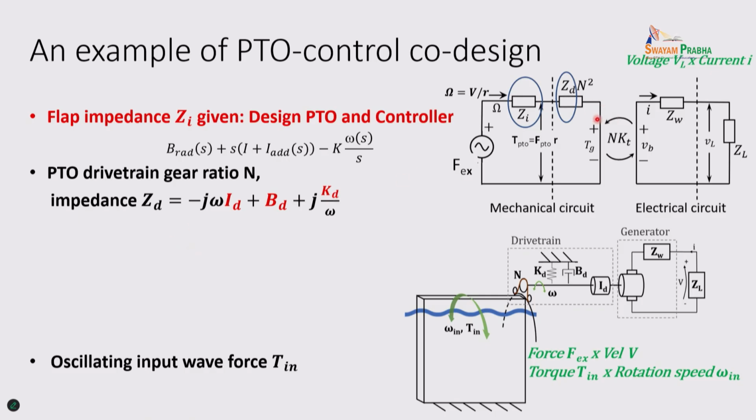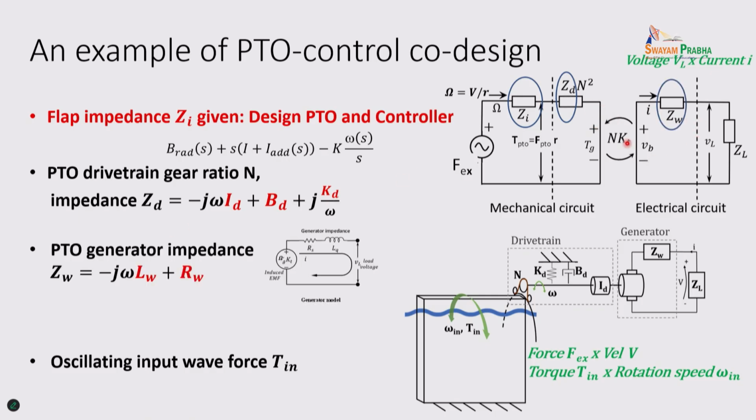And so another thing is the generator side, right? You have rotation speed, then you drive the generator to form a voltage. And when you have this voltage, you use this generator to power an electric load, and you will have internal resistance and inductance. This is the generator's impedance.